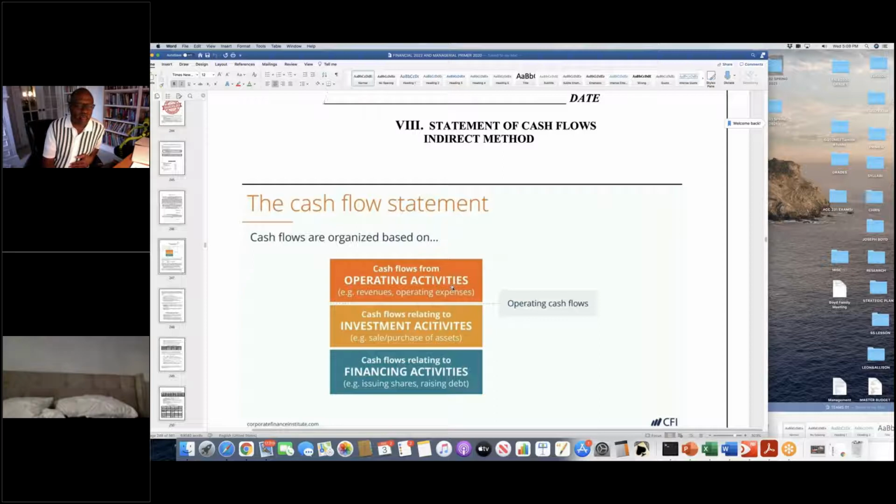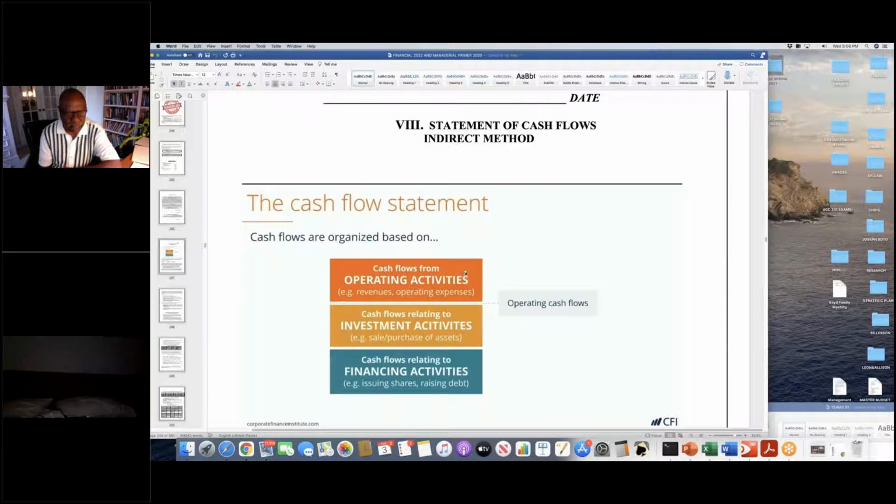Okay, we have what's called a cash flow statement. That's the fourth statement. So I just showed you an income statement, a balance sheet, and a statement of retained earnings. There's a cash flow statement which looks at the cash flows of a business. And it divides the cash coming in from three areas: operations, investments, and financing.